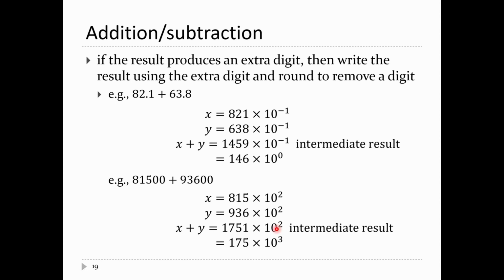Adjust the exponent by increasing it by 1, and you get 175 times 10 to the 3. Once again, I can't compute the sum of 2 values exactly, even though I can write out both operands exactly in our representation. I can't compute the sum exactly in our representation.